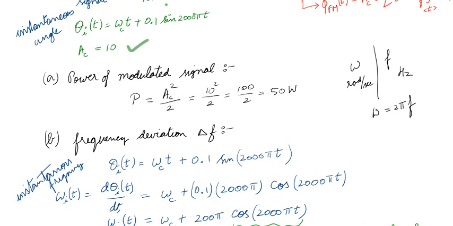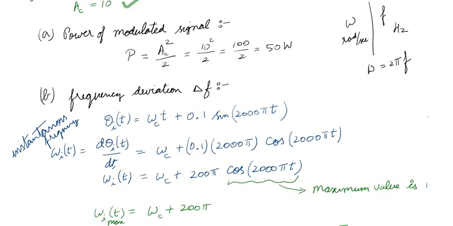Now this is your instantaneous frequency. The question is, what is the frequency deviation? Omega c is the carrier frequency. From this frequency, how much is it deviating? It is deviating by this entire term. For the cosine term, the maximum value is 1.